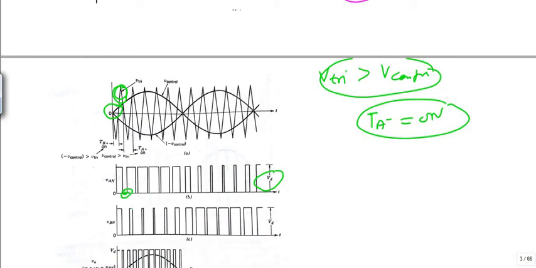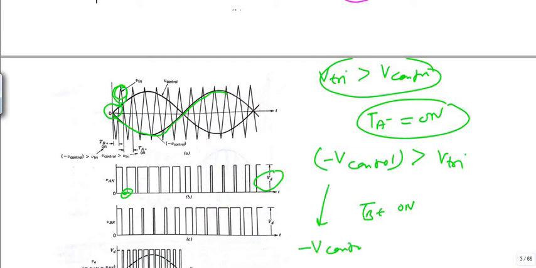What about this Vbn? Similarly, if this minus V control is more than V triangular, then this Tb plus should be on, and for the opposite case, if minus V control is less than V triangular, then this Tb minus should be on.